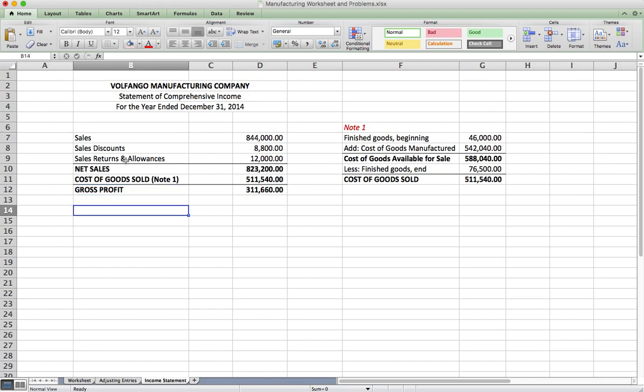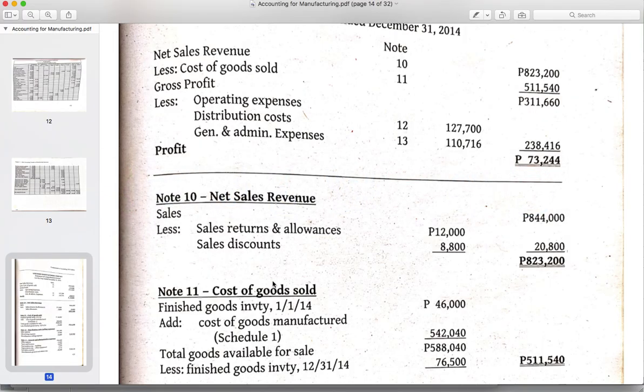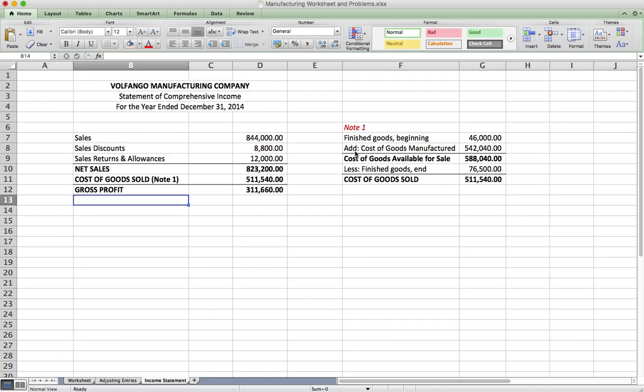Less, ano yung mga ililess natin? Yung mga expenses. So, what do we have here? Yung operating expenses, distribution expenses, and general and administrative expenses. Okay? Less expenses.